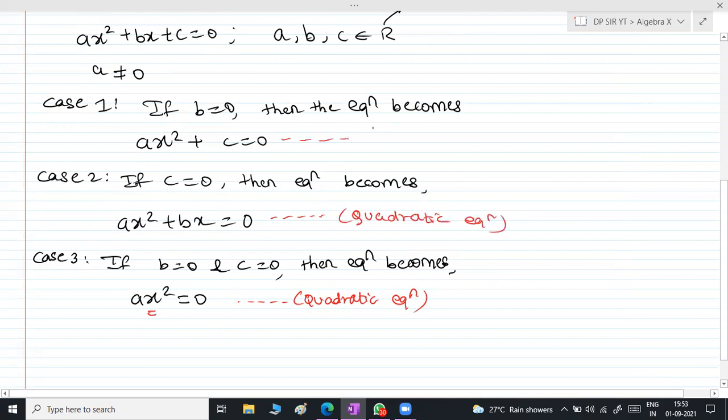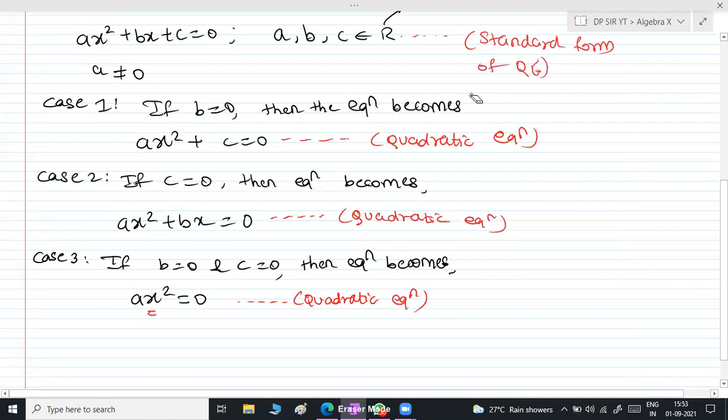Similarly, this is a quadratic equation. This is the standard form of quadratic equation. Let me just write it neatly. And all the three cases are over.